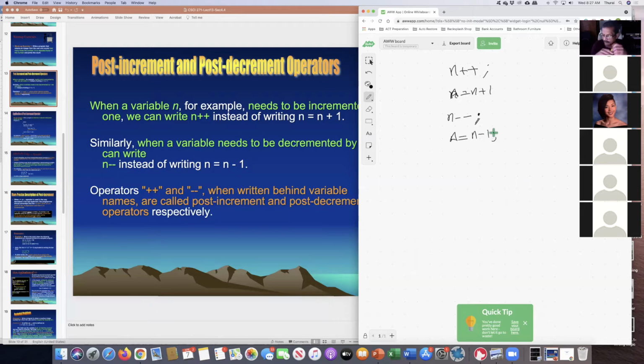If you write it as n++ or n minus minus, you can write it within the expression where it is being used. That's why it sometimes makes the program shorter. So the operator is useful in that kind of situation. We'll be seeing that in examples.